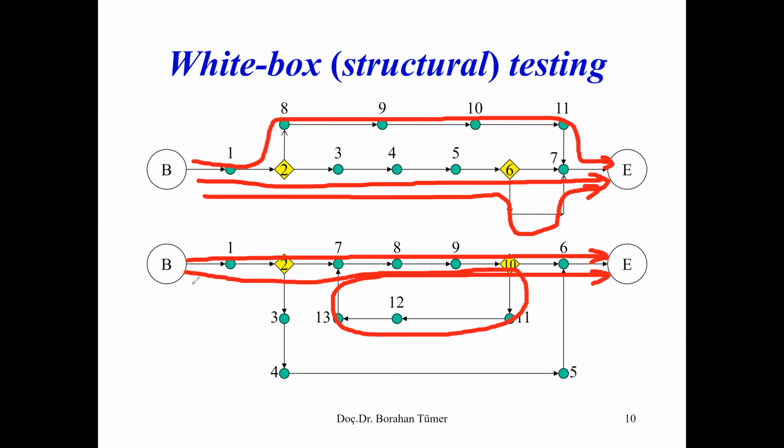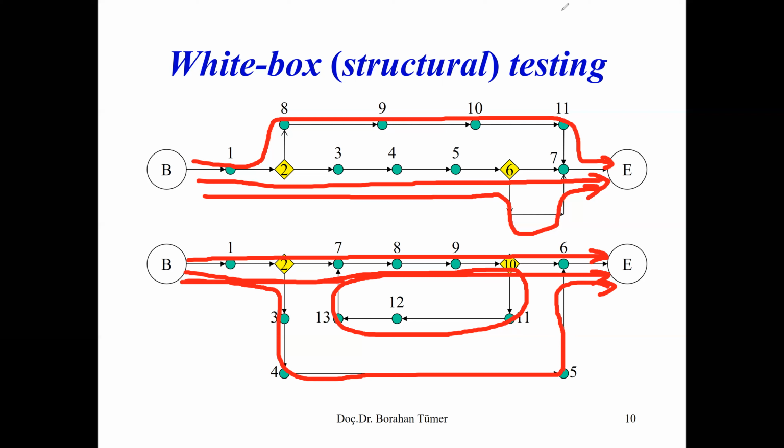This is a path. Are there any other paths? Not independent paths. Are there any other paths? Yes. We have this path, for example.